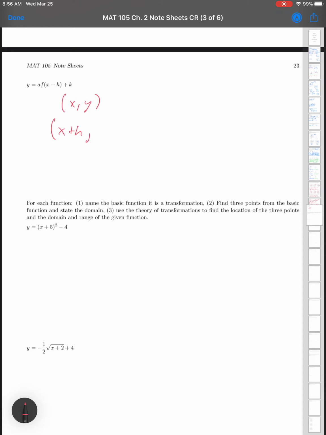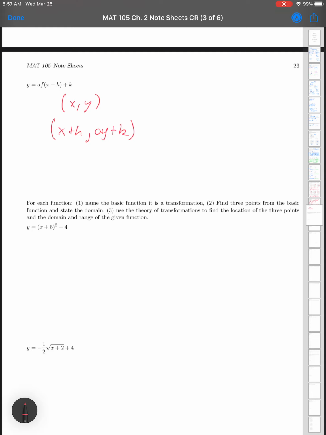And we know the y coordinate is affected by k. So that's going to be y plus k. And we also know that a affects the y values as well. So we're going to multiply a times y. So if you have an ordered pair x comma y of the original function, then the new function ordered pairs will be of this form: x plus h comma ay plus k.